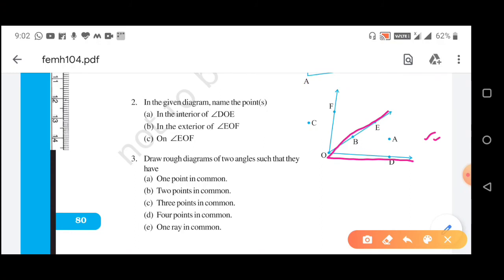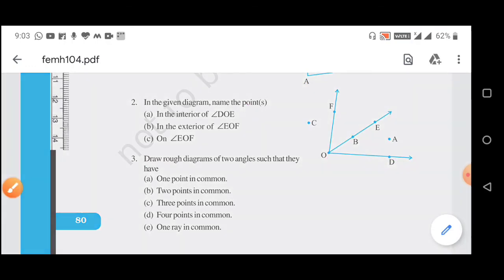So the points which are in the interior of DOE will be only point A. The other points, point B, E, D, are on the arms of the angle, not in the interior. So the only answer will be point A.